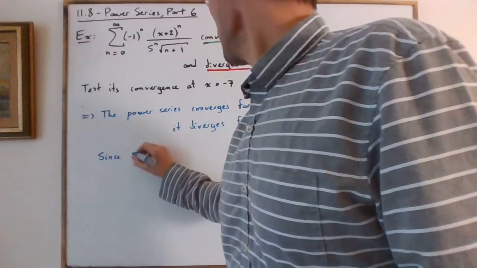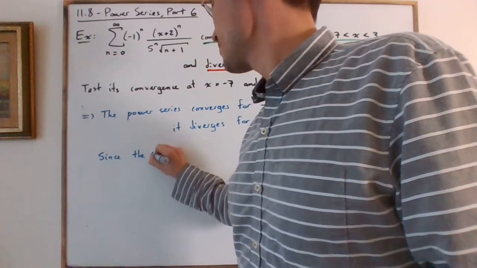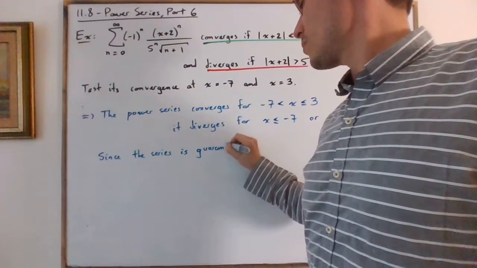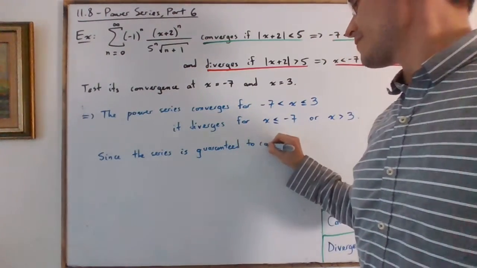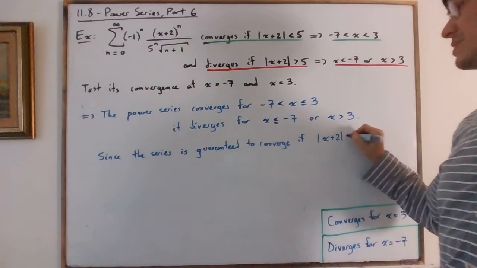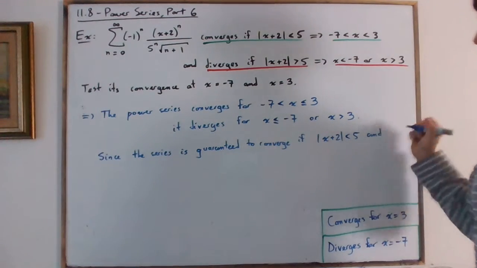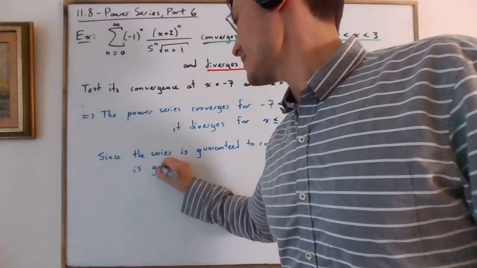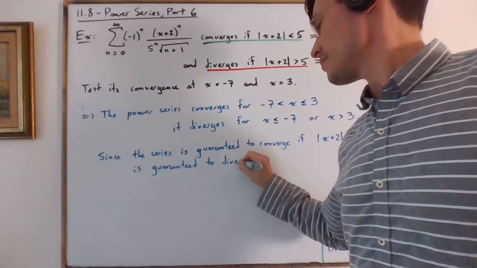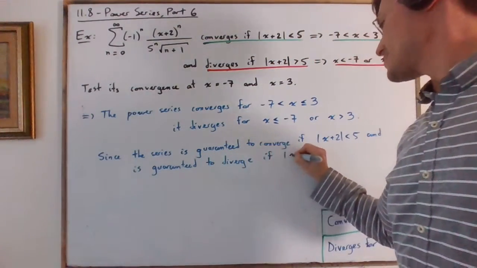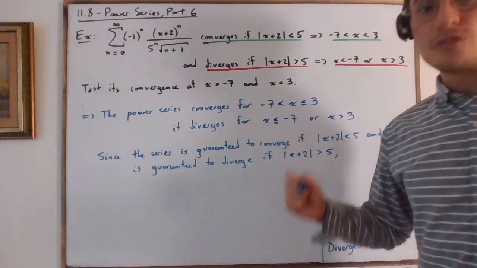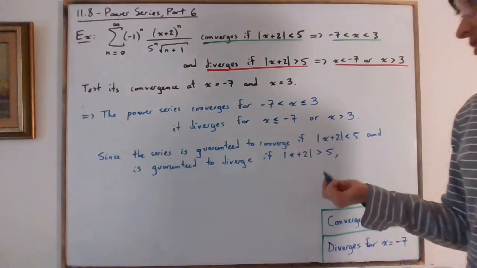Since the series is guaranteed to converge if the absolute value of x plus 2 is smaller than 5 and is guaranteed to diverge if the absolute value of x plus 2 is greater than 5, we call 5 the radius of convergence of the series.